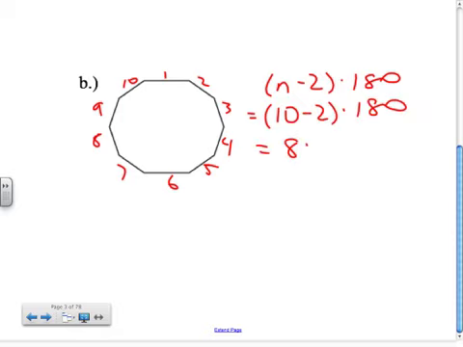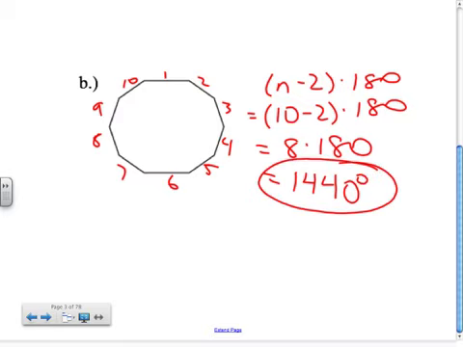That's 8 times 180, and 8 times 180 is, I believe, 1440. Let me just grab a calculator to verify that my mental math is accurate. Let's see here. 8 times 180 is, in fact, 1440 degrees. Okay? So there you have it. Interior angle sum, n minus 2 times 180. Got to memorize that formula.